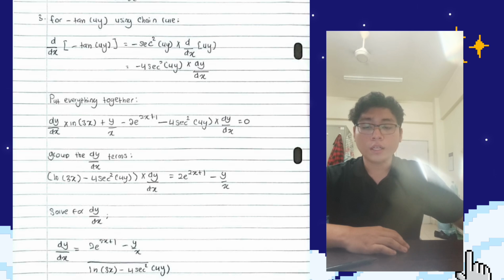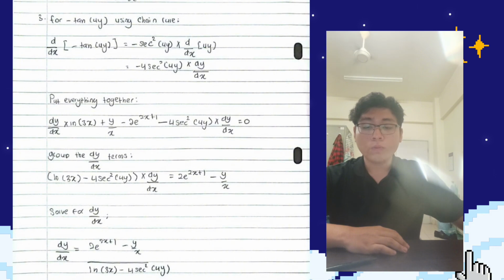So lastly, put everything together and it will become dy per dx multiply ln 3x plus y per x minus 2e to the power of 2x plus 1 minus 4 sec squared 4y multiply dy per dx equal to 0.